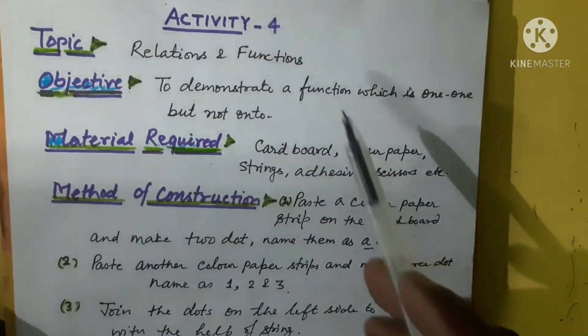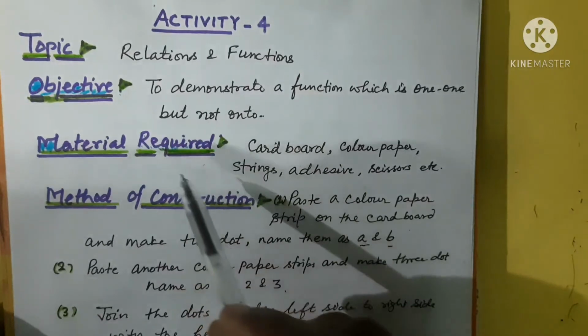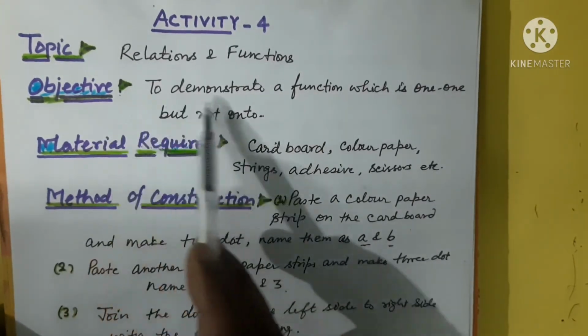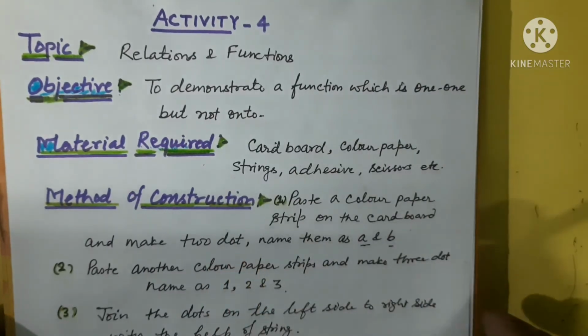Hello everyone, this is activity number 4, which is also based on the topic relation and function. Objective: to demonstrate a function which is one-one but not onto.